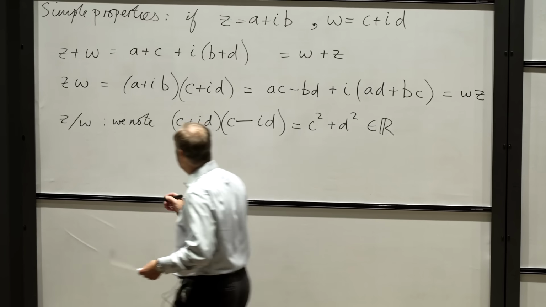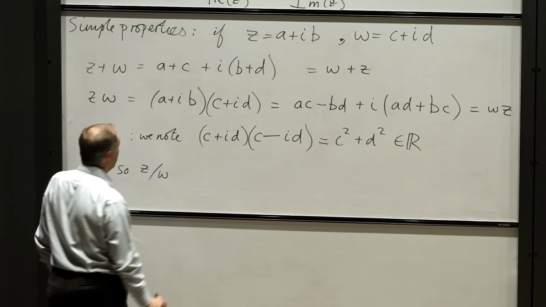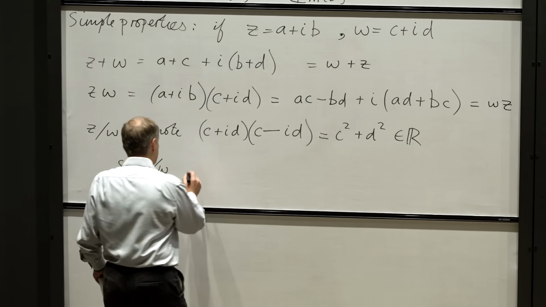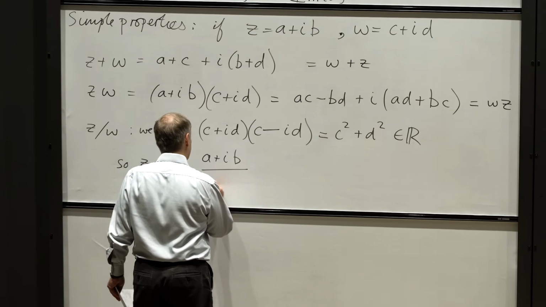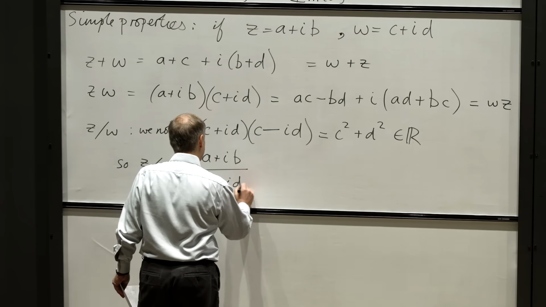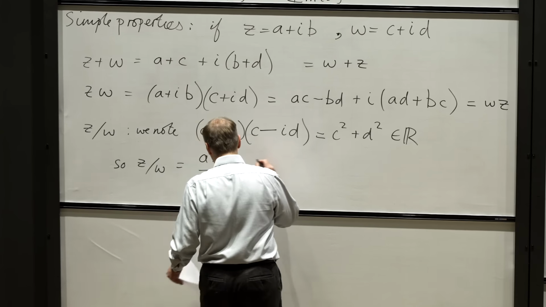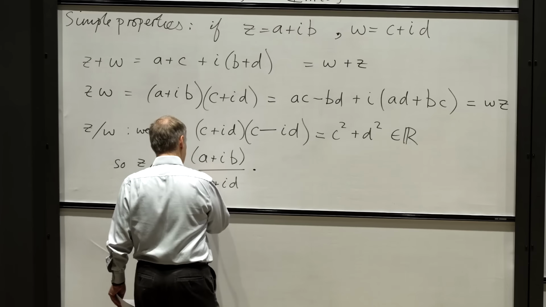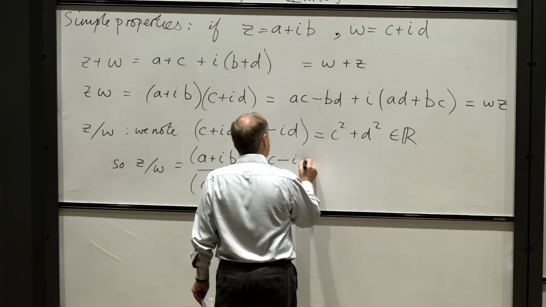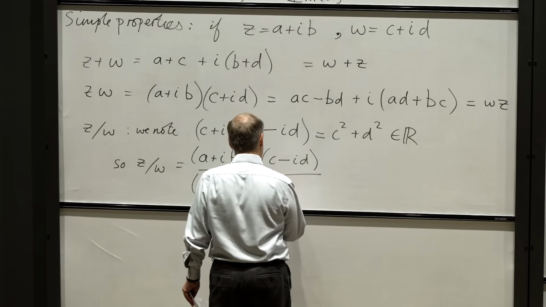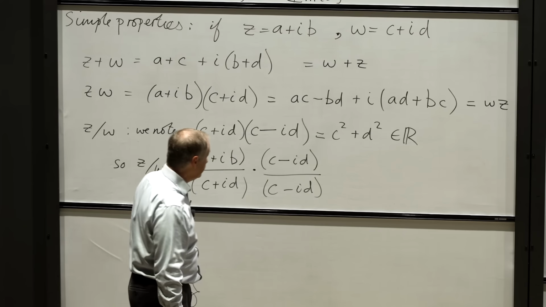And so then if we want to do the division of Z by W, well, this is equal to A plus IB divided by C plus ID, and then we multiply this by 1. Okay? I'll put these in brackets so there's just no ambiguity here. And we multiply this by 1, C minus ID over C minus ID. Okay?